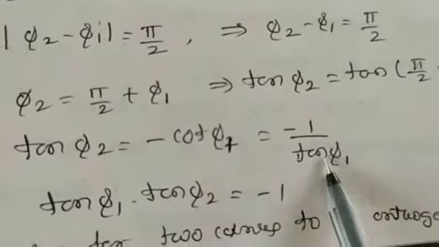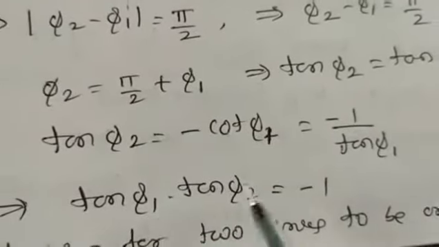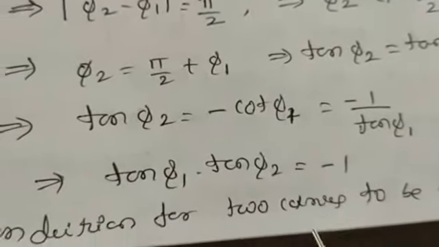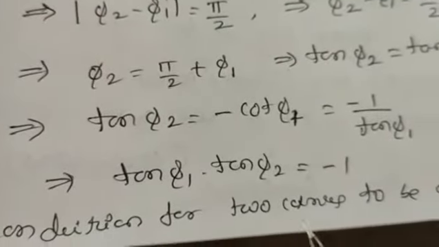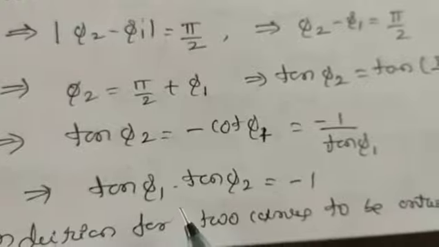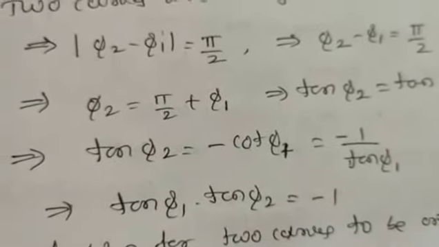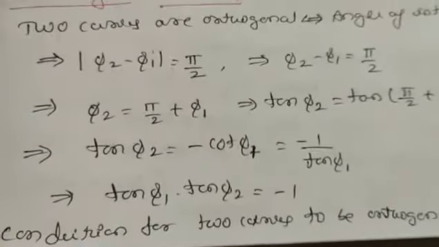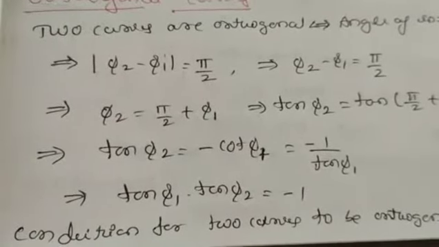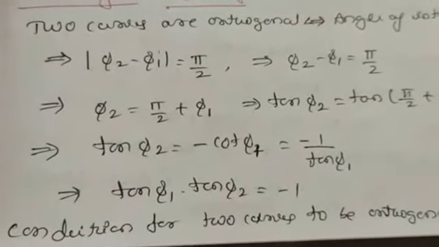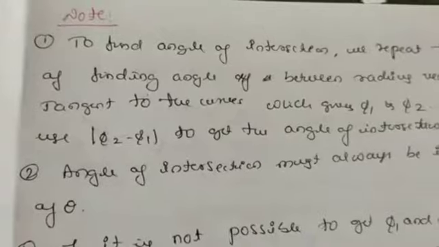Cross multiplying, tan phi 1 into tan phi 2 is equal to minus 1. This is the condition for two curves to be orthogonal, whose angles are phi 1 and phi 2.